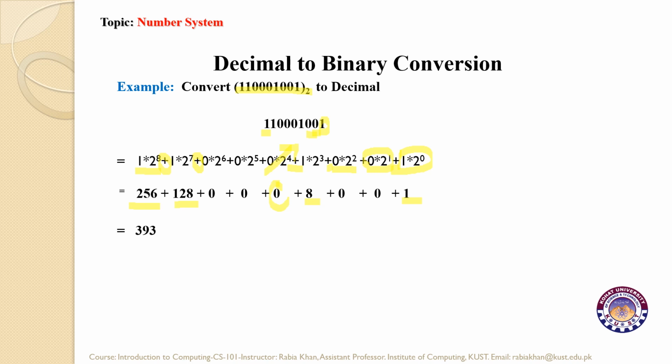This 393 is actually a decimal number, as it is within the range defined for the decimal number system. So how do we write the answer? This is the way we write the answer: 110001001 with base 2 is equivalent to 393 with base 10.